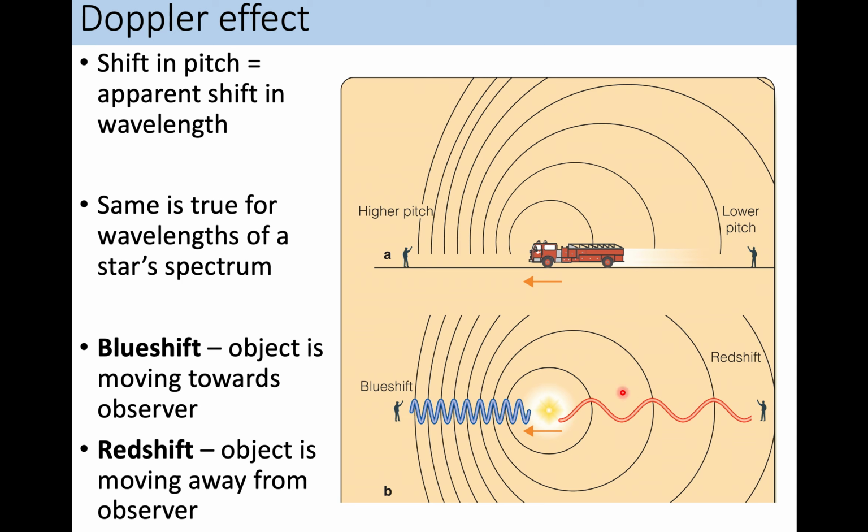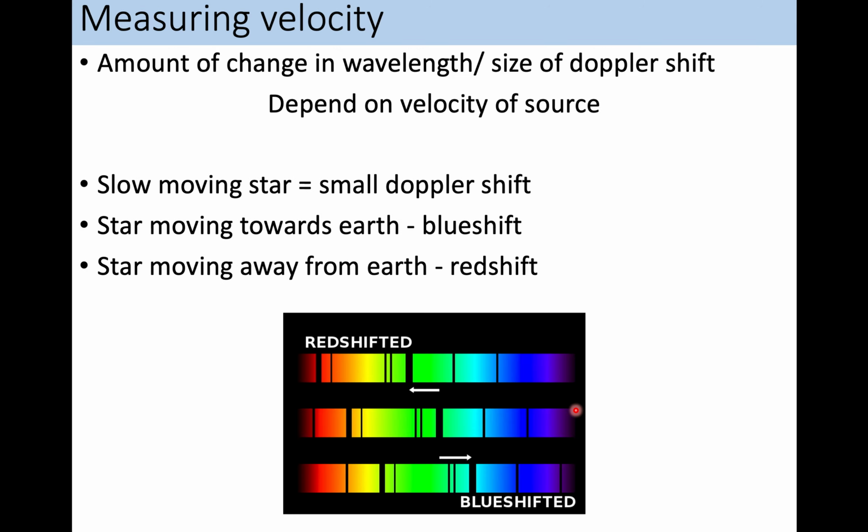When an object, let's say this star, is moving away from us, the wavelengths are going to be apparently stretched out and shifted towards the red. We call that a red shift. So we can measure the change in velocity by measuring the change in wavelength and the size of the shift.